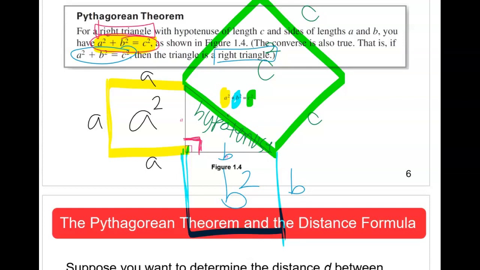So going from that equation, a squared plus b squared equals c squared, let's say we just want to find c, not c squared. So what we will do is take the square root on both sides, and of course the square root will cancel here with the square because they are inverse operations.